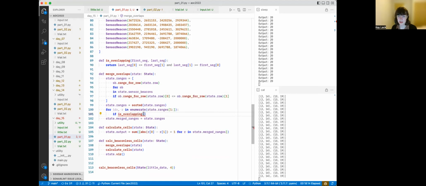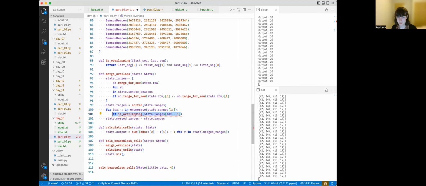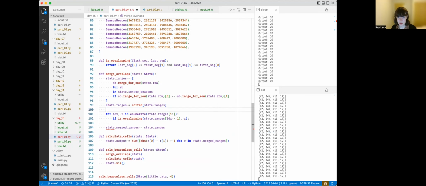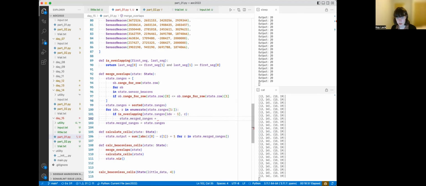If is overlapping, state ranges index -1 and R, then we merge them by saying the merged ranges should equal the... no, wait.